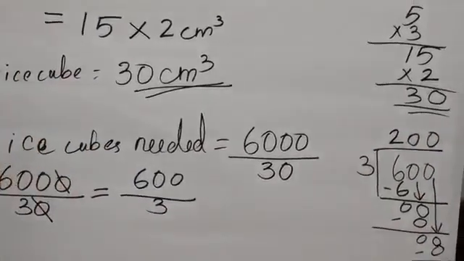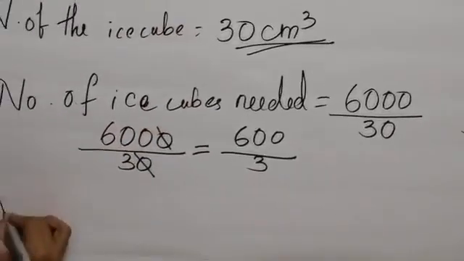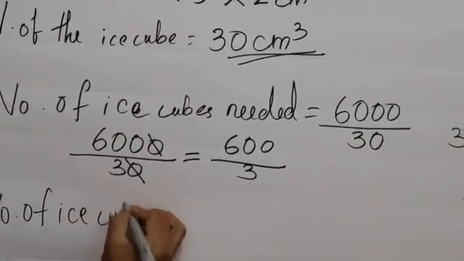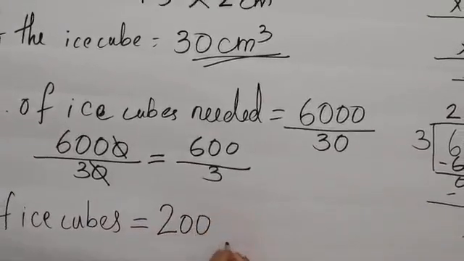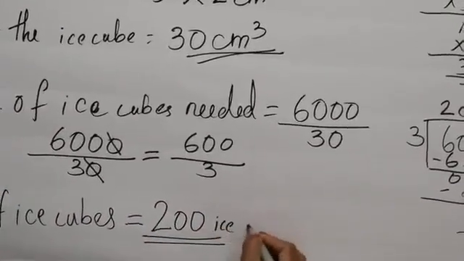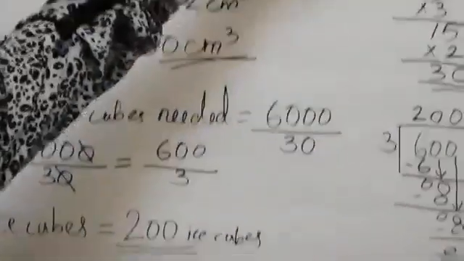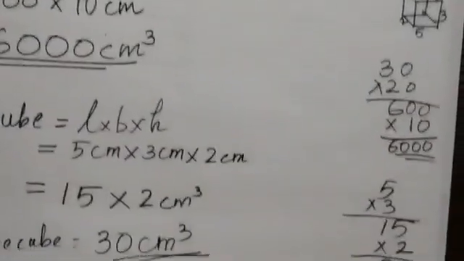That is the number of ice cubes. So write here number of ice cubes equals 200. What did we need? Ice cubes needed to fill this box. Okay? I think it is clear for you.